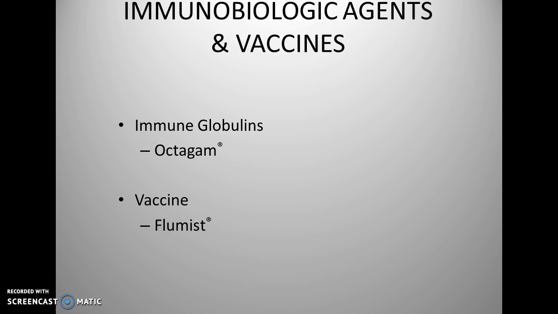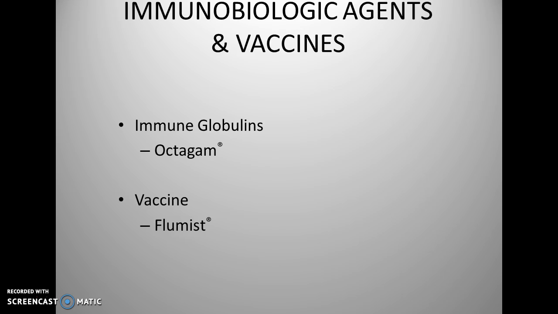So immunity against pathogens can be either passive or active. Passive immunity occurs when a patient is given a preformed antibody from another source, such as immune globulins. Active immunity occurs when the body is exposed to a pathogen, develops the disease, and manufactures its own antibody against it, or is exposed to agents such as those in a vaccine.